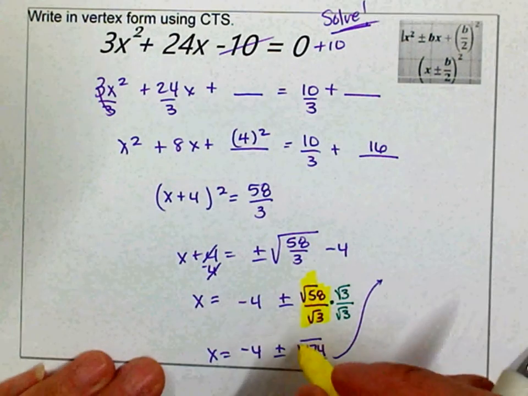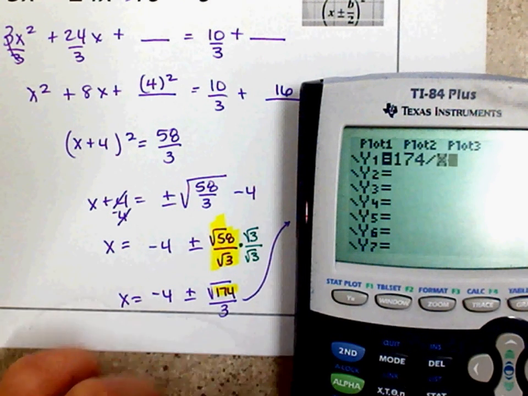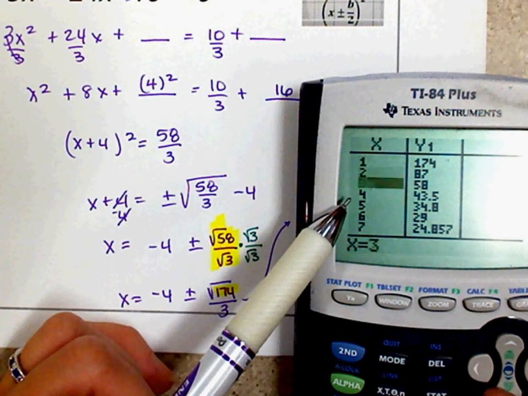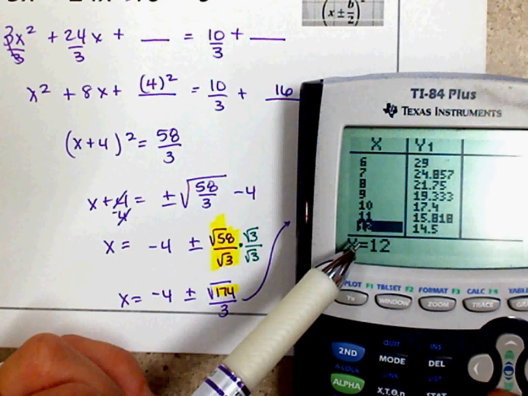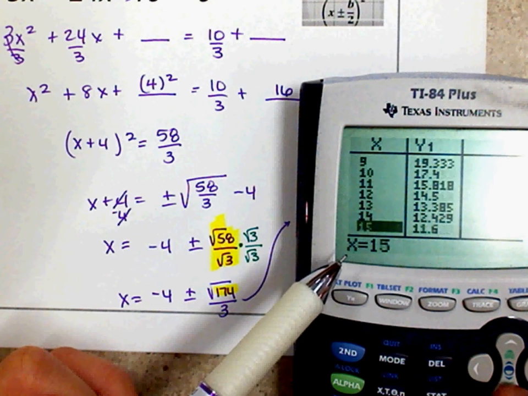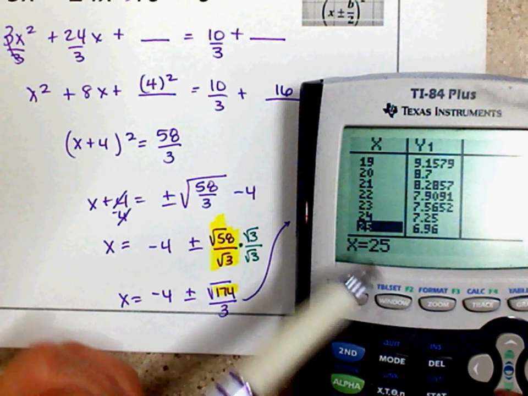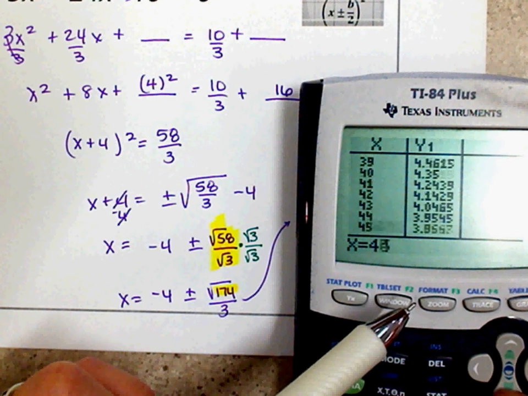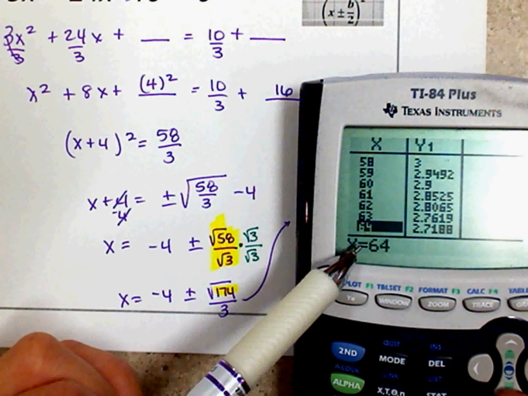Go to y equals, type in 174 divided by x, second table, starting at 1, see if you see perfect squares. 1, 4, 9, nope. 4 is 16, nope, see how it's not a whole number. 5 is 25, nope. 6 is 36, nope. 7 is 49, nope. 8 times 8 is 64, I'm just looking at that, nope. 9 squared is 81, okay, you don't have to go any further than that, really.